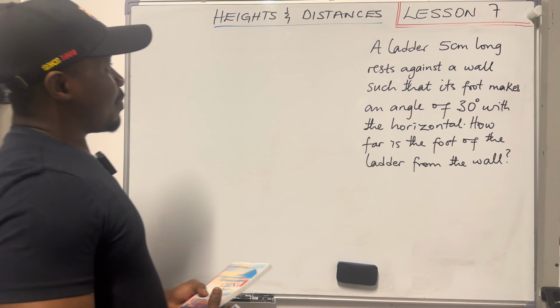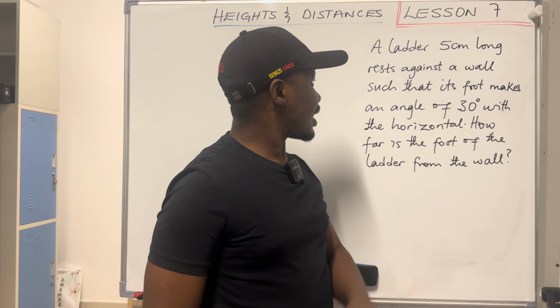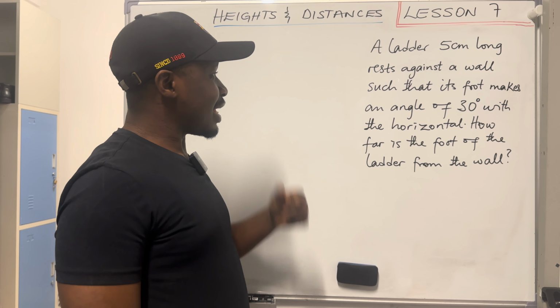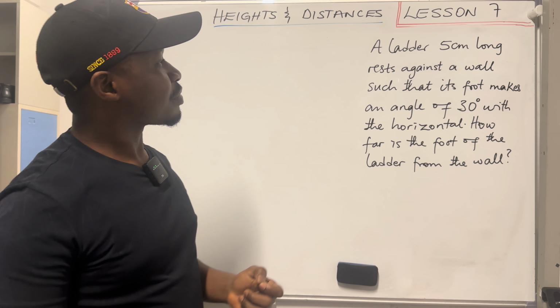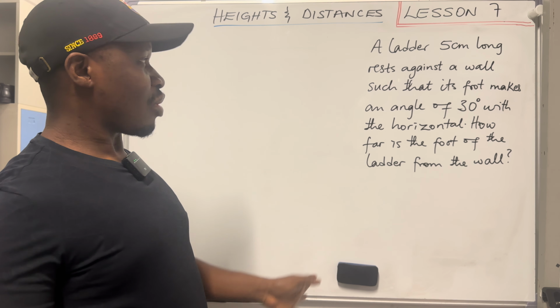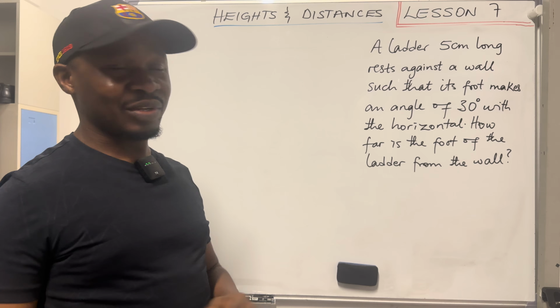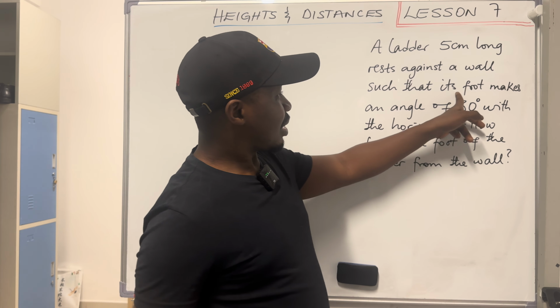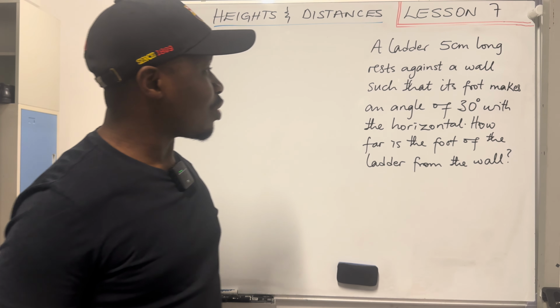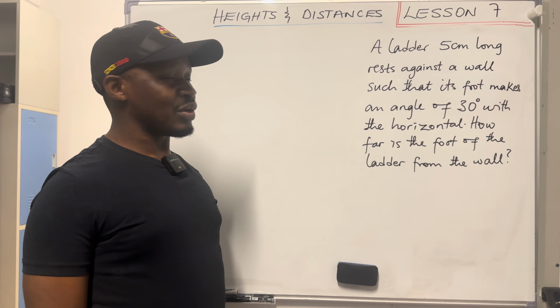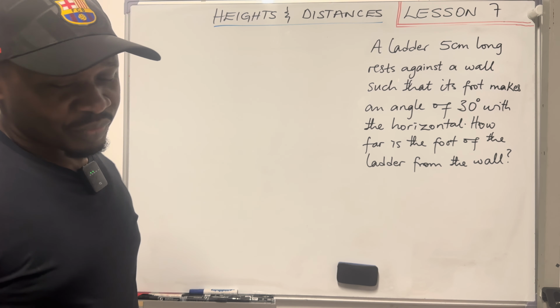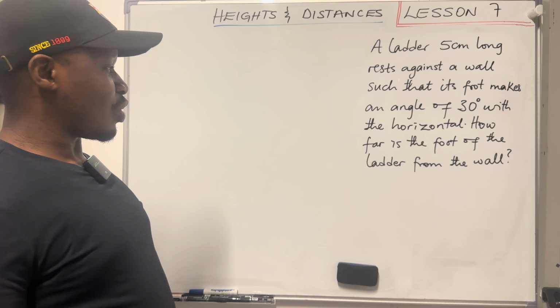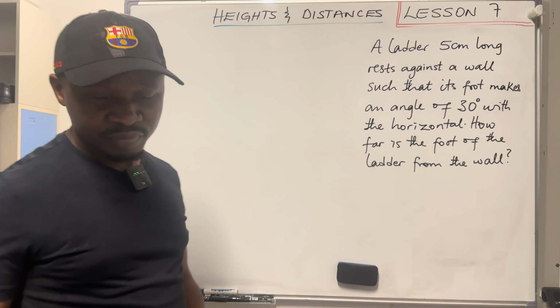They don't use the word vertical, it doesn't matter. It rests against a wall such that its foot makes an angle of 30 degrees with the horizontal. How far is the foot of the ladder from the wall?